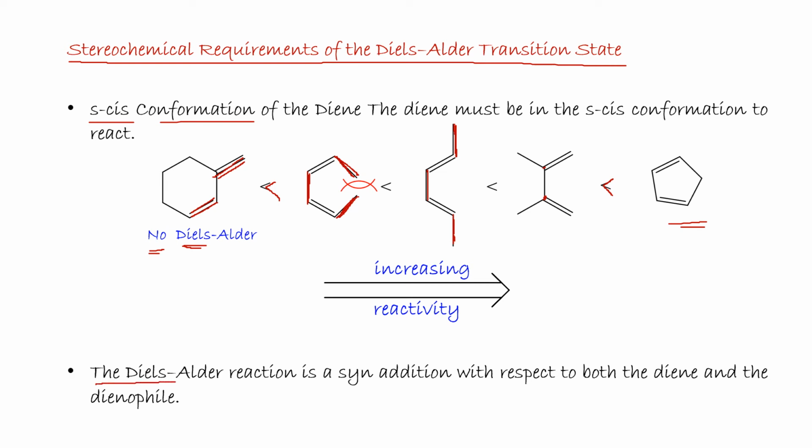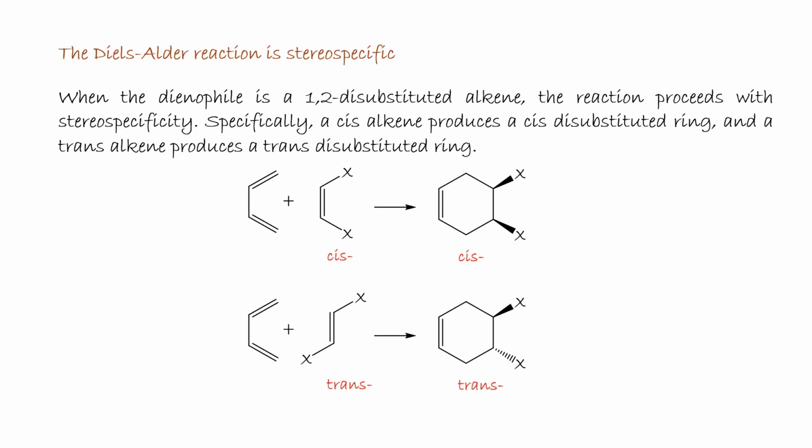The Diels-Alder reaction is syn addition with respect to both diene and dienophile. The Diels-Alder reaction is stereospecific, which means that the reaction with two different isomers, like the one we have here, 1,3-butadiene reacting with the cis dienophile, will give a product. If we started with the trans one, we get a different trans product.